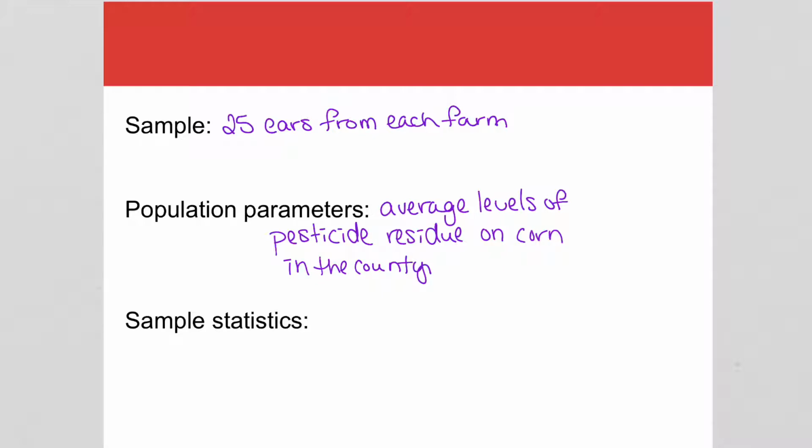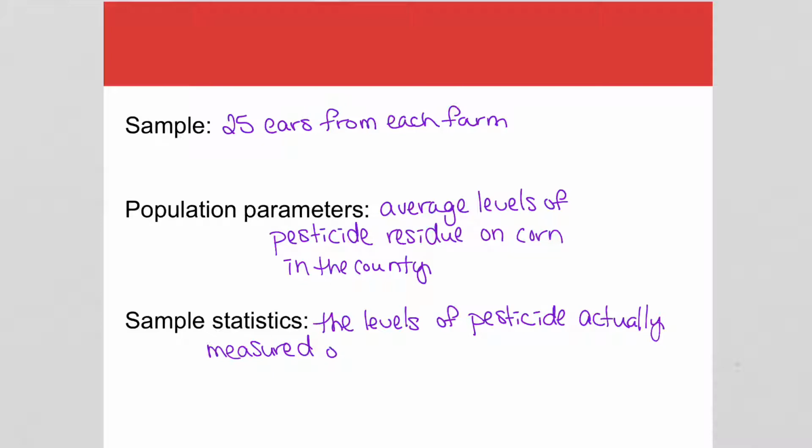And the sample statistics is the actual levels of pesticide, so the levels of pesticide actually measured on the corn sampled. Okay?